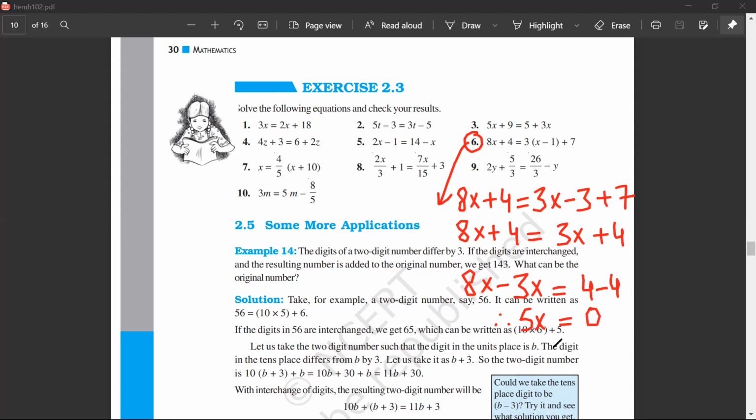Have you understood? Yes, sir. Satya, have you understood? Yes. Sarthak, the final answer would be 0. Is it okay?